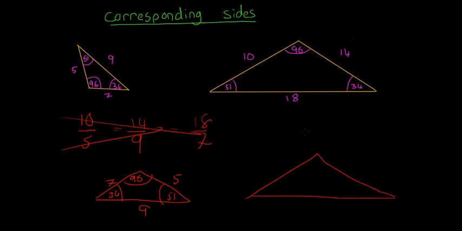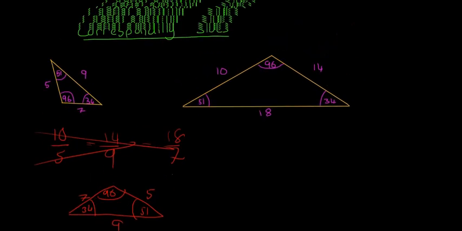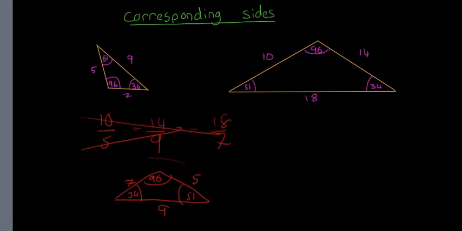This triangle is already the right way up, so we don't need to do it. Now we can say that, actually we can't do it straight away, sorry. As you can see here, this angle 34 is in the bottom left, and in this one it's 51, and this one is 34, and this one's 51. So we're going to have to take this triangle here and flip it around.